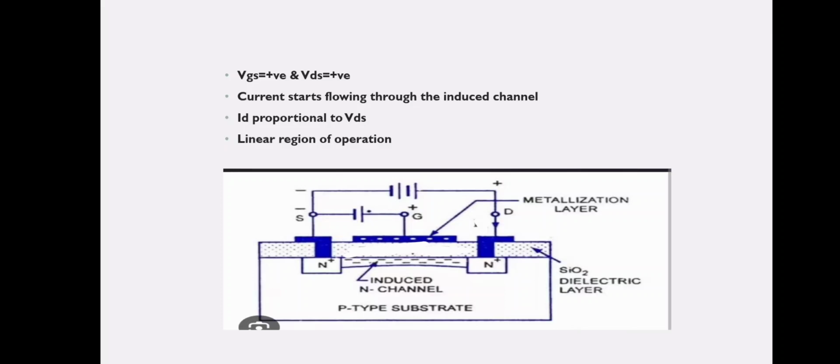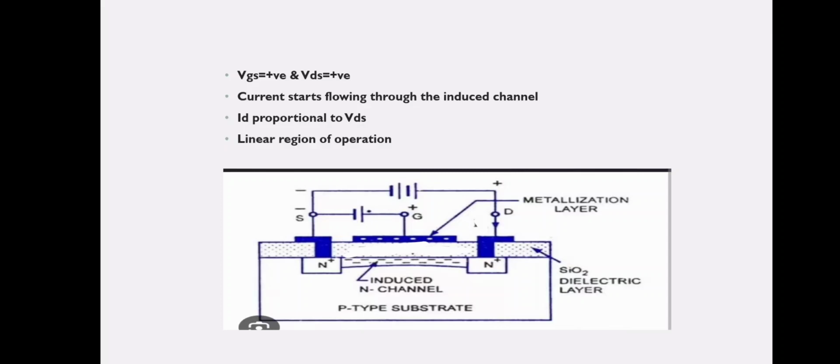Therefore, the current direction will be indicated as from drain to source. We always indicate the direction of current opposite to the direction of movement of electrons. So when VDS and VGS are applied, a current will be flowing in the device.